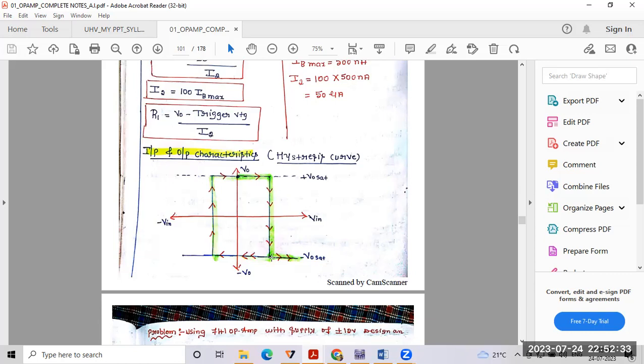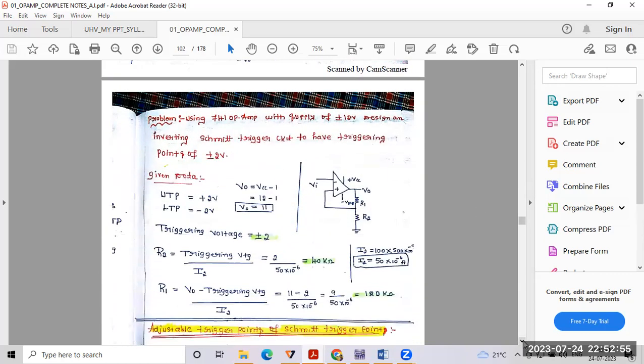It will remain negative until our input reaches LTP. Whenever our input reaches LTP, the output will change from negative to positive. This cycle will continue. Yes, this is our hysteresis curve.